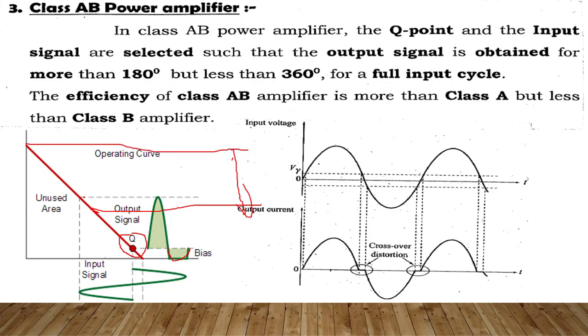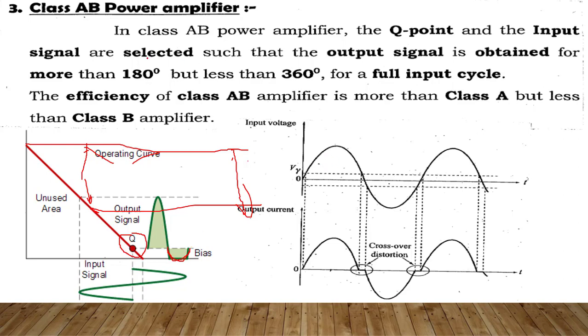So I will get the full form. Actually 180 degrees means what? Here to here, this portion to this portion. But we are taking the Q point somewhere in between. So definitely we will get the positive part, but the negative part depends upon where the Q point is. If it is nearest to B, then it is very small. See, smaller. If it is near to here, you will get bigger.